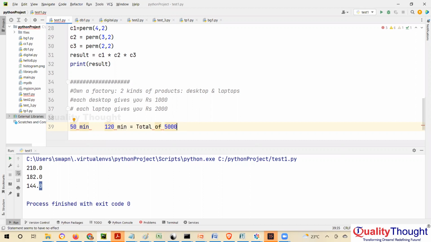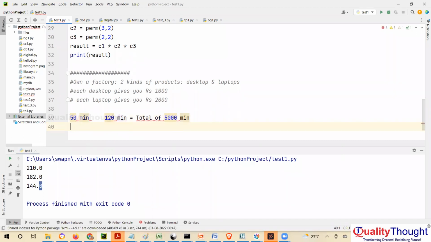You cannot have unlimited minutes. So you can use less than 5,000 minutes or equal to 5,000 minutes, but you cannot use more than 5,000 minutes. Yes or no? Yes, sir. Available time is only that, so it should be less than that.